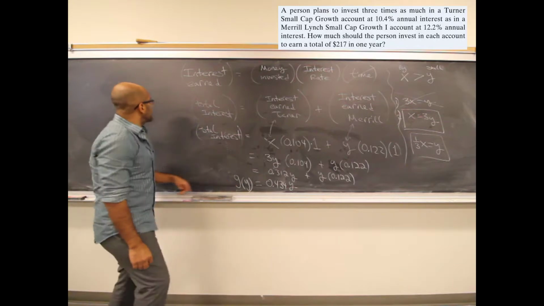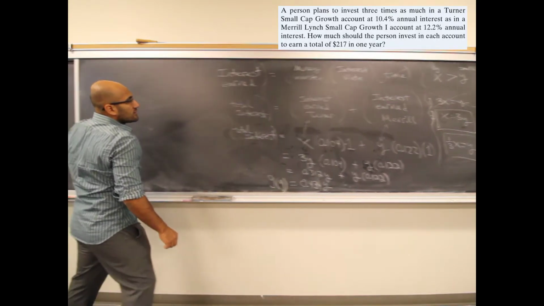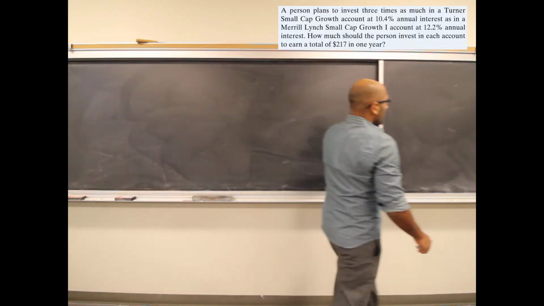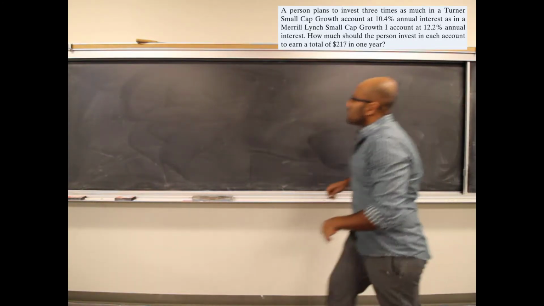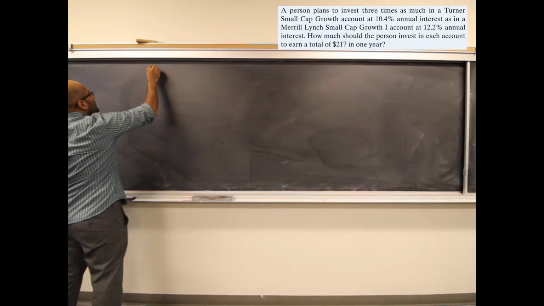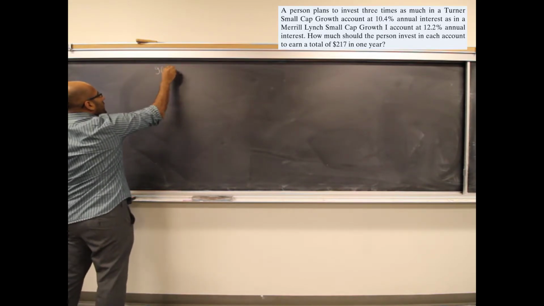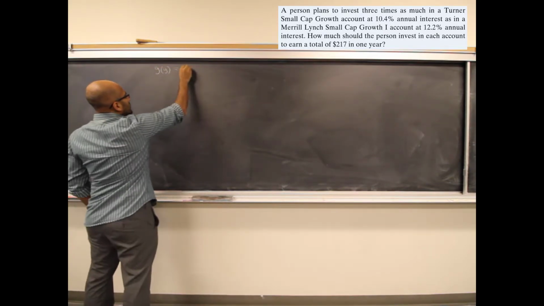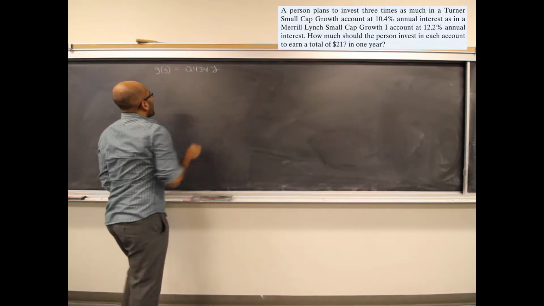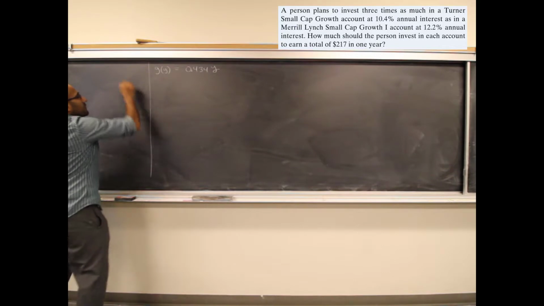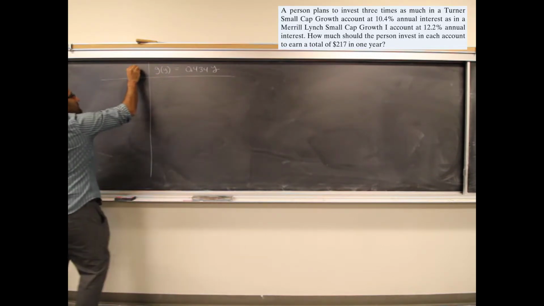Okay, so let's explore this guy a little bit. Let's put a table going over here. So we had g of y, which is equal to the total interest earned, is equal to 0.434y. So let's create a table with some values.